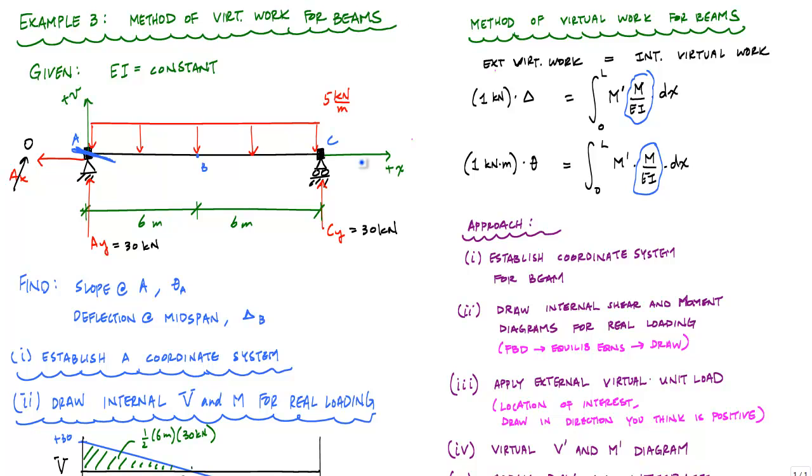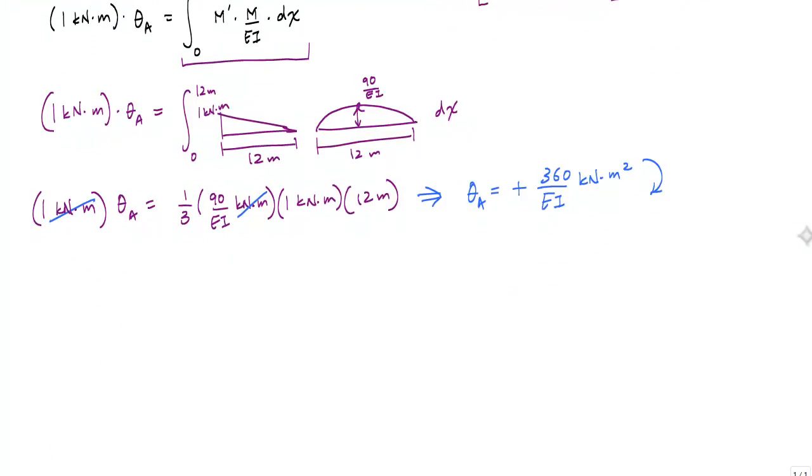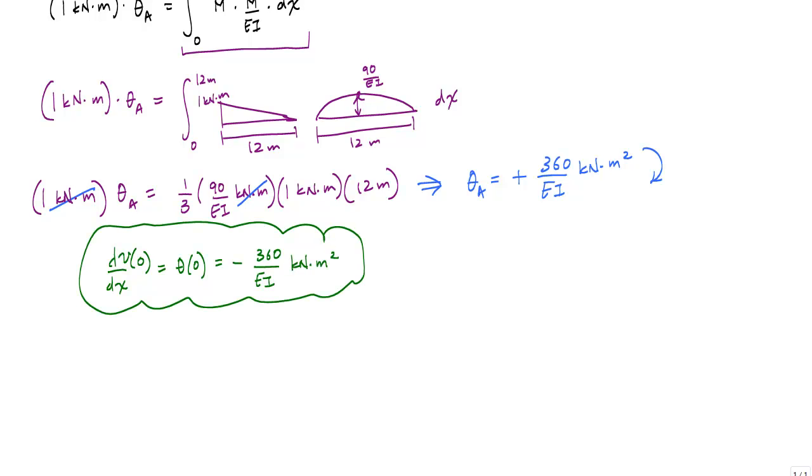And so if I were to describe the slope at A according to those VX coordinates, that would be dV/dx at 0, or theta at x equals 0, and this would be negative 360 over EI kilonewton meter squared. But both of these answers would be acceptable depending on how the question is worded.